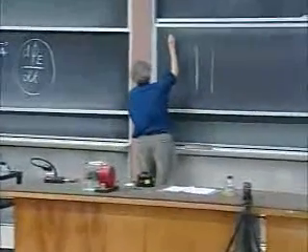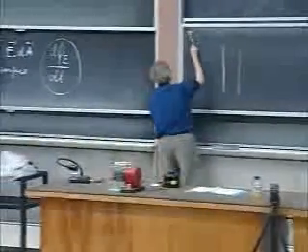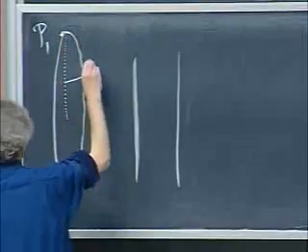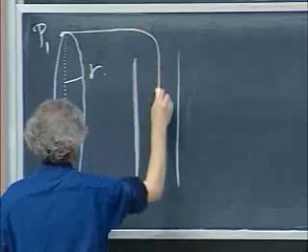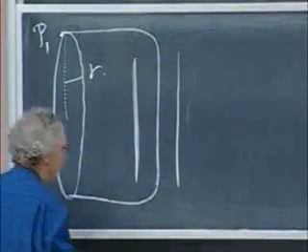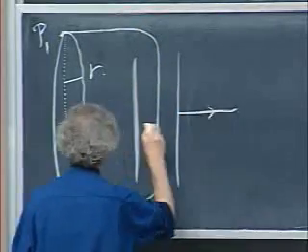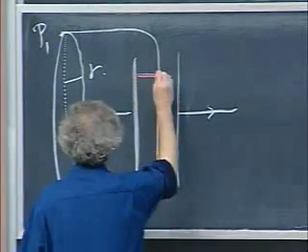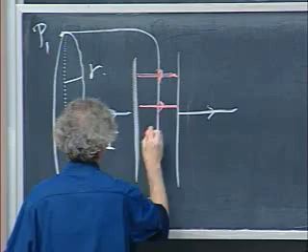We have here this point, P1. This is my radius, little r. This is my surface going right through here. Here's the current, I. And here is my changing electric field.